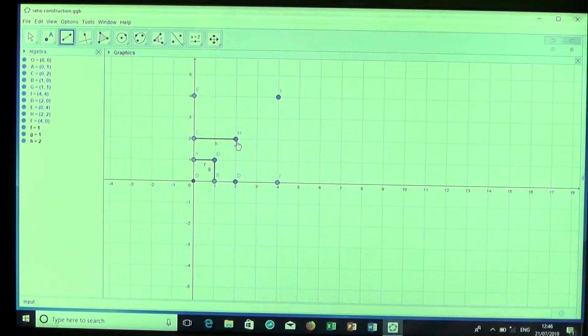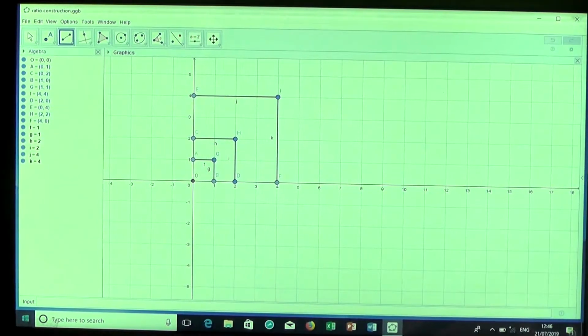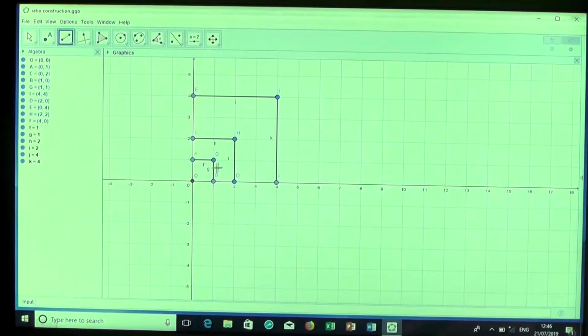Like this. Now these are the squares. OAGB is the first square, second is OCHD, third is OEIF.